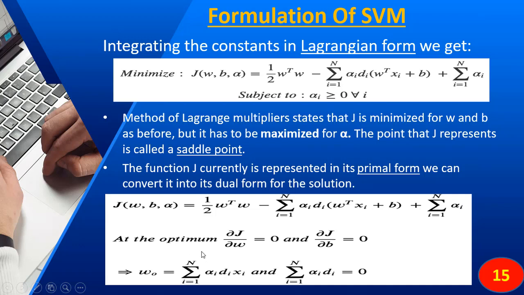At the optimum, del J by del w equals 0 and del J by del b equals 0. Now w_0 equals the summation from i equal 1 to N of alpha_i d_i x_i, and the summation from i equal 1 to N of alpha_i d_i equals 0.